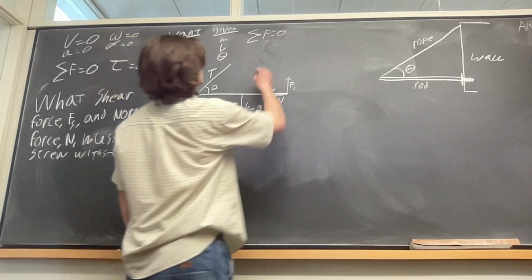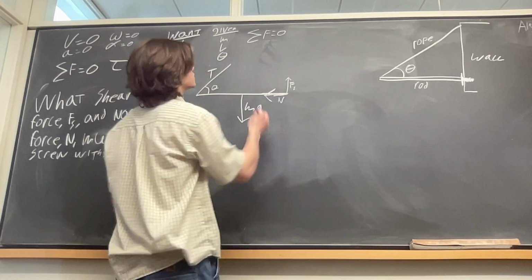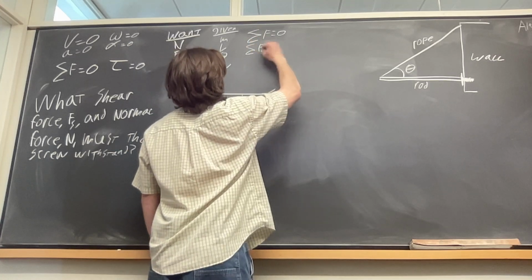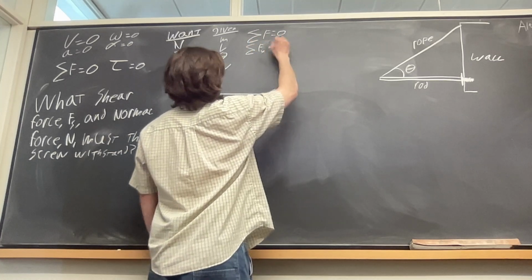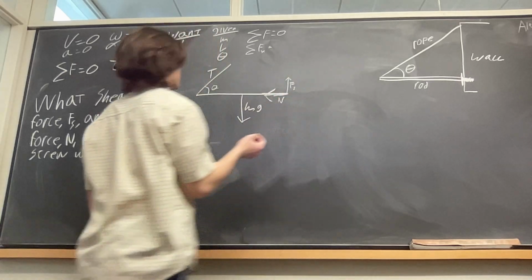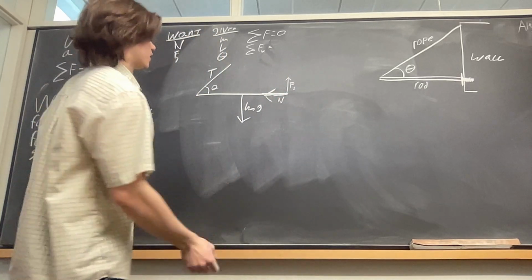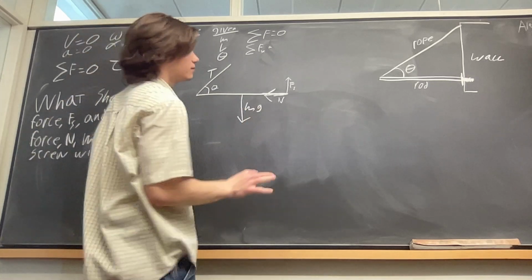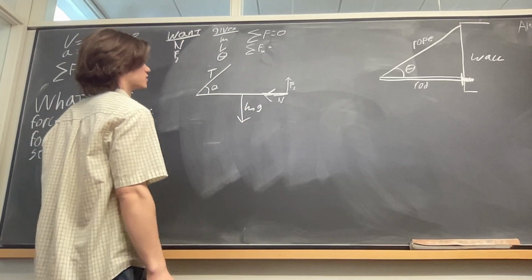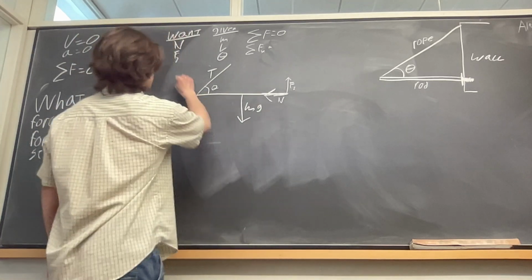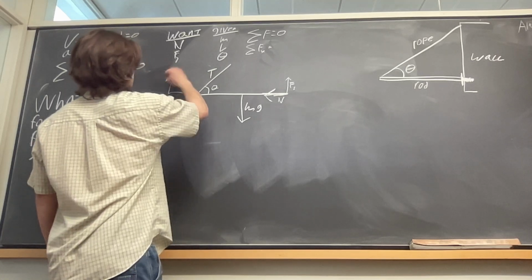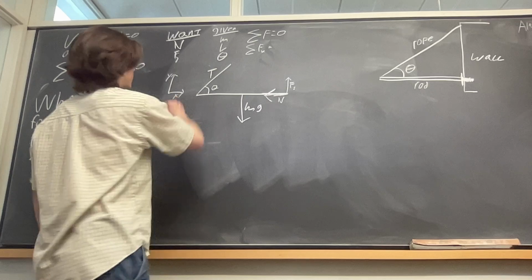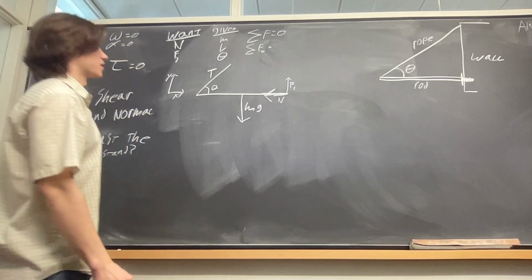Because the sum of forces equals zero, that also means that the components of the force equal zero. So the sum of the forces in the x direction equals, let's see here. Oh, sorry, I should define this. I'll define up as our positive y, and to the right as our positive x.